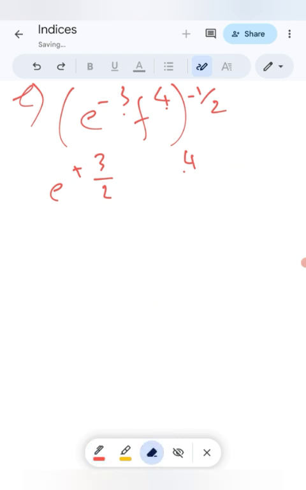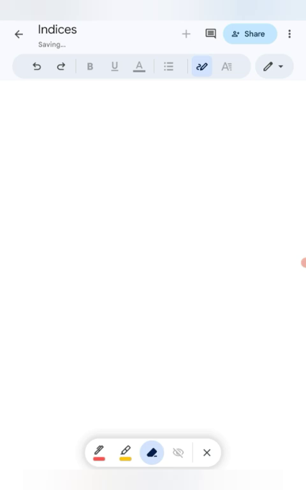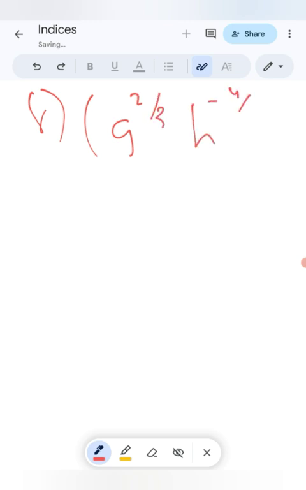Starting off with part F. The part F states that G 2 upon 3 H minus 4 upon 5, then 3 upon 2 comes as it is. Okay. Now G 2 upon 3 is being multiplied with 3 upon 2. Okay.